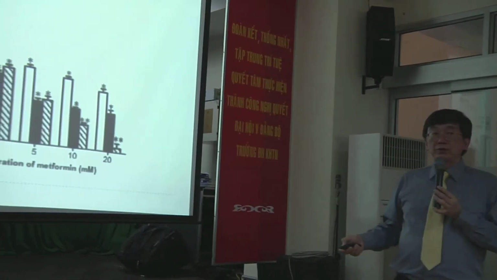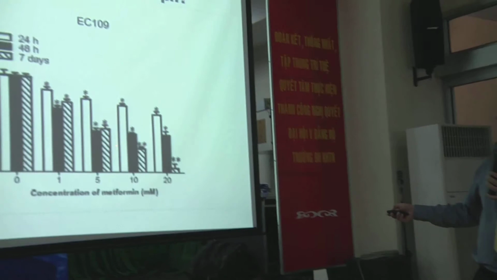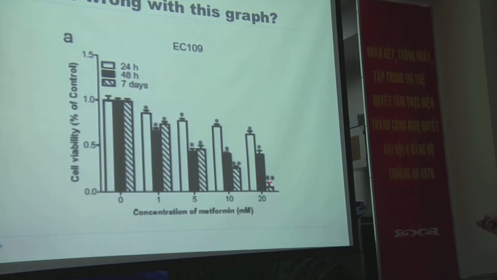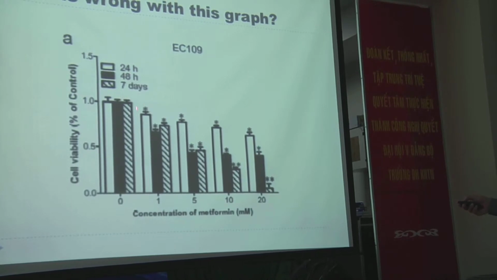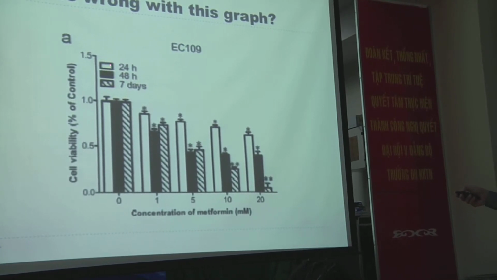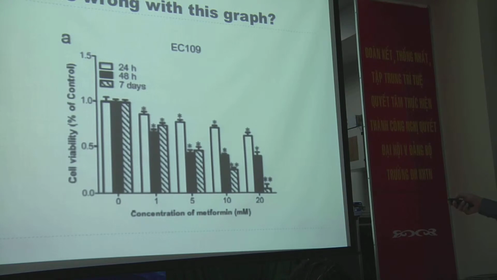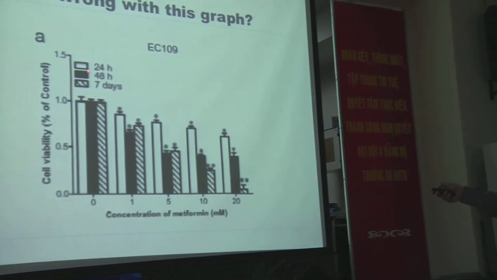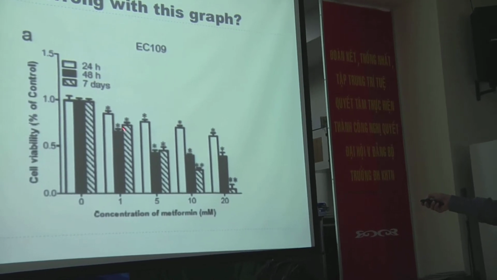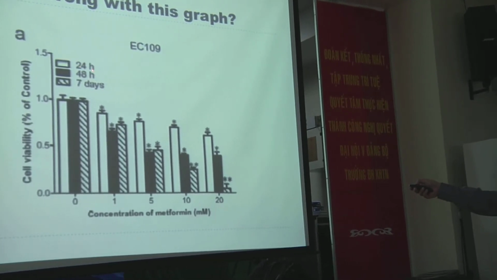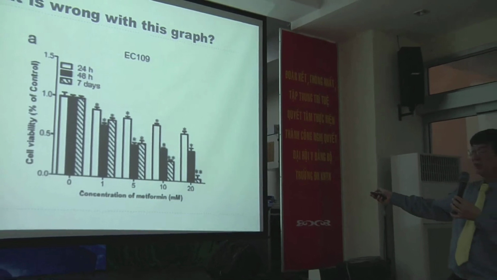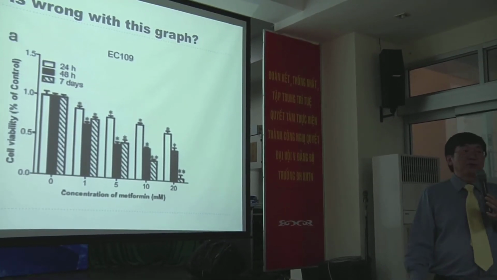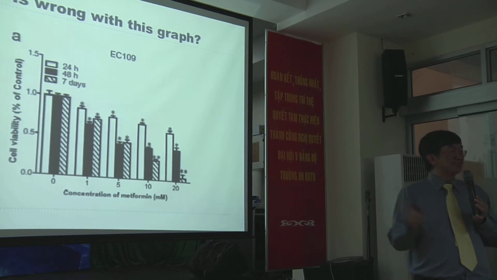Okay, so in order to convey that relationship, I think they should plot the dose response curves and label the curves with different markers. So this curve will be lining up this way, another curve for the 48-hour data will be lining up this way, and the 24-hour data will be lining up this way. Now, there's one more problem with this.